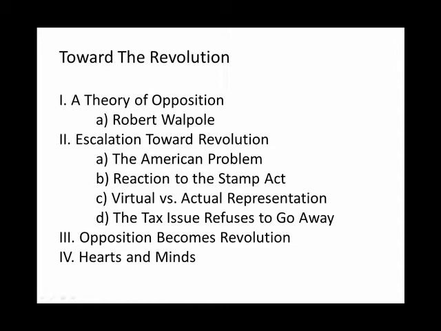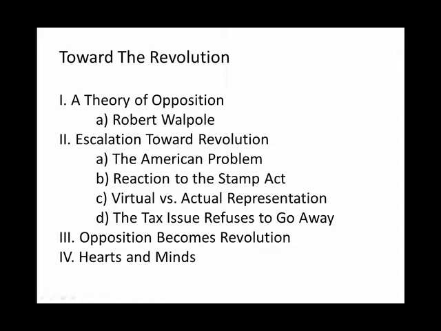And we'll look at that in terms of what the British government thought about America and what to do about the American problem after 1763. And then we'll look at the Stamp Act, because I think the Stamp Act is the most crucial element in the build-up toward the Revolution, 10 years before the Revolution actually breaks out.